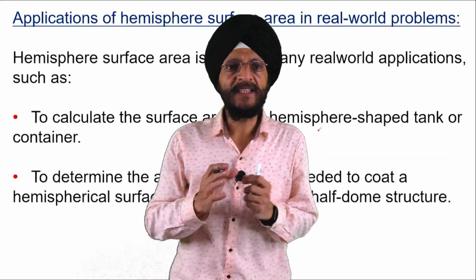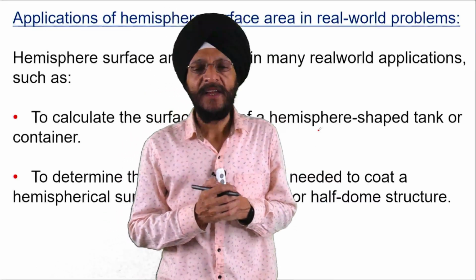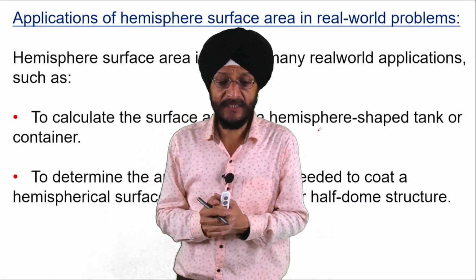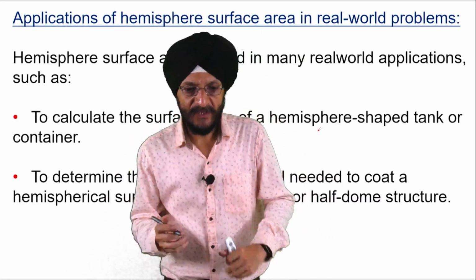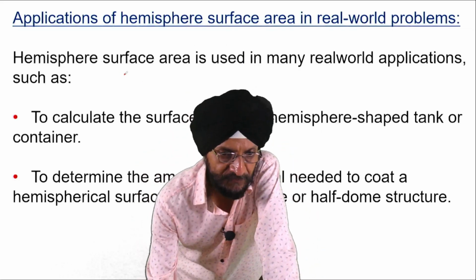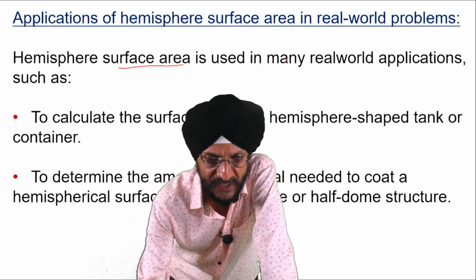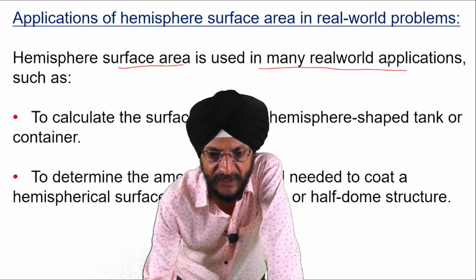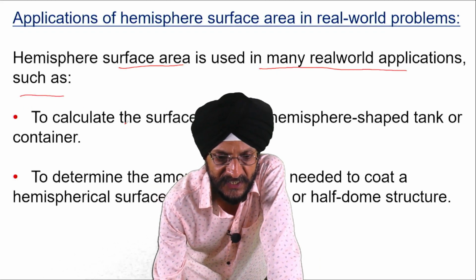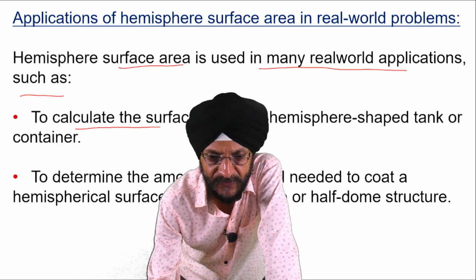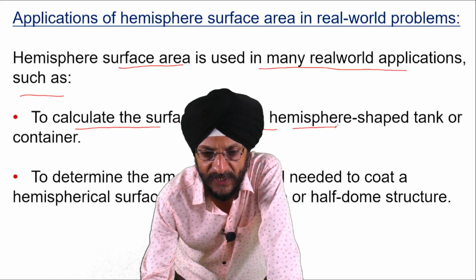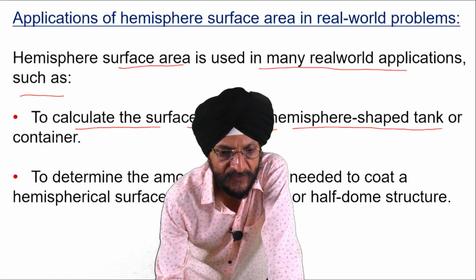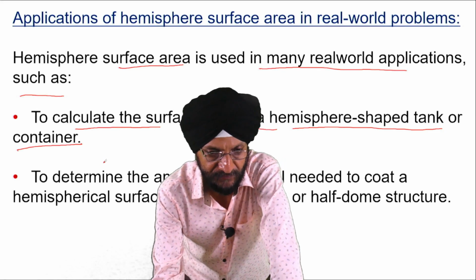Now the applications of hemisphere area in real world problems, that is where we use these formulas. Hemisphere surface area is used in many real world applications, such as to calculate the surface area of hemisphere shaped tank or container.